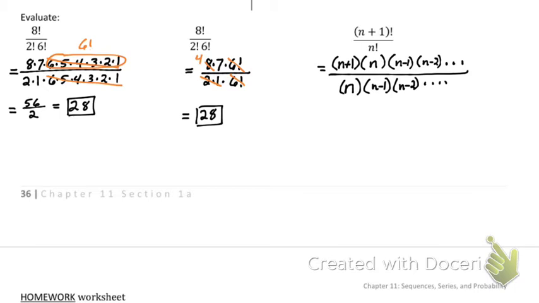I got n, n minus 1, n minus 2, n minus 3, n minus 4, n minus 5, and n, n minus 1, n minus 2, n minus 3, n minus 4, n minus 5. So just like we could do over here, we could cross all of that out, and we're just left with n plus 1.